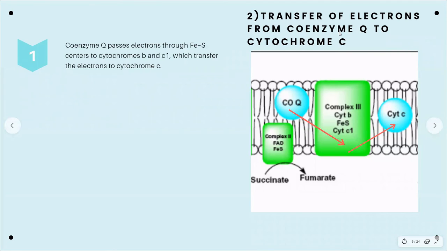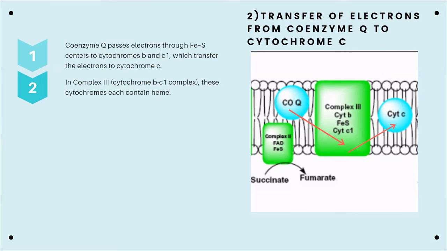The second one is the transfer of electrons from coenzyme Q to cytochrome C. Coenzyme Q passes electrons through Fe-S centers to cytochrome B and C1, which transfer the electrons to cytochrome C. In complex 3, these cytochromes each contain heme as a prosthetic group with a different protein. In the ferric state, the heme iron can accept one electron and be reduced to the ferrous state.